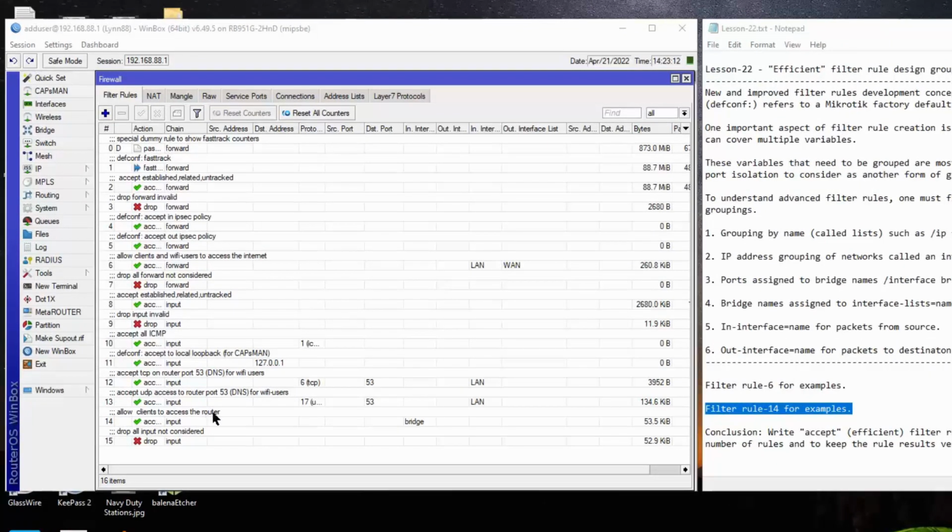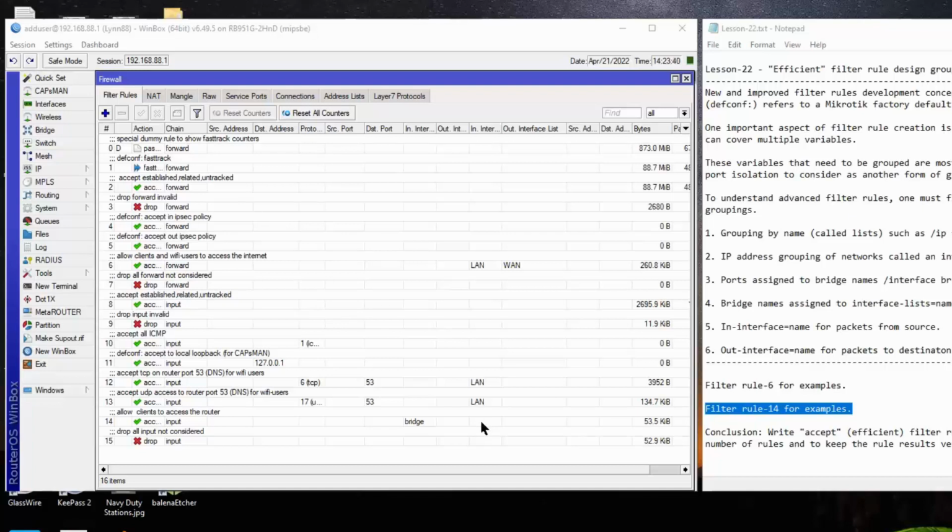Well, there's an implied statement that it also does not allow Wi-Fi users to access the router. We don't want that to happen. So what's unique about this rule is that we're using an interface of the bridge. We're not using an in-interface list of the LAN because we don't want both groups of users to be able to access the router.